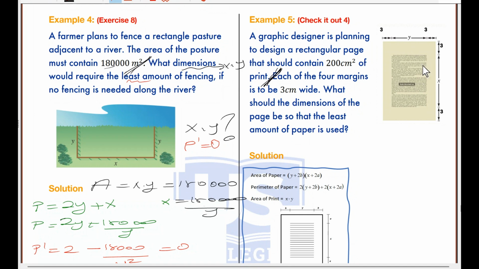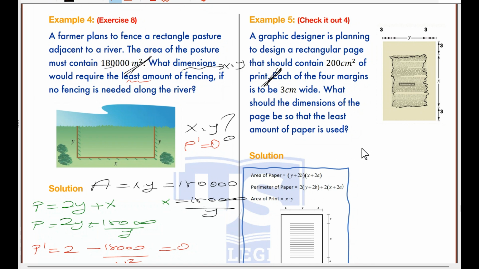What part is the area of print? When you look at this figure, only the writing part will be the print area. Our length is x, width is y. So the area of print will be x times y.